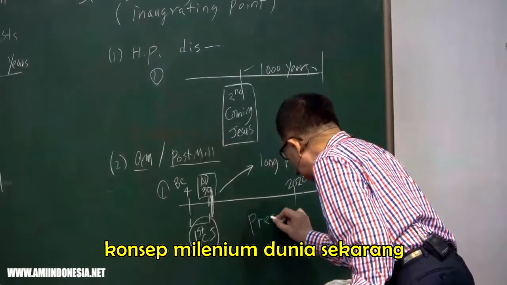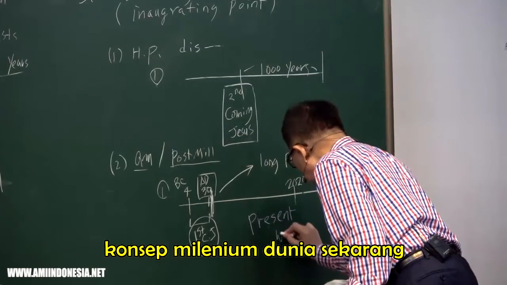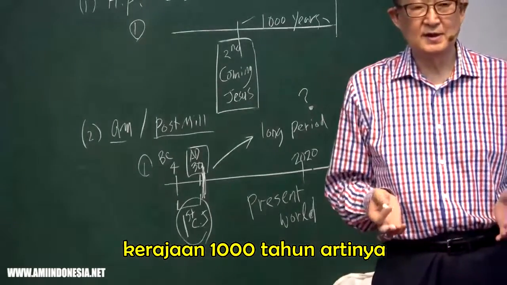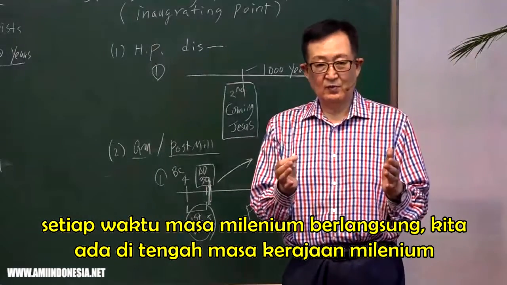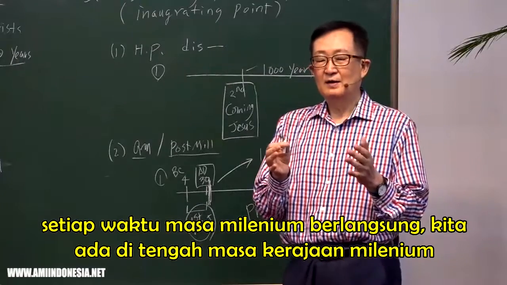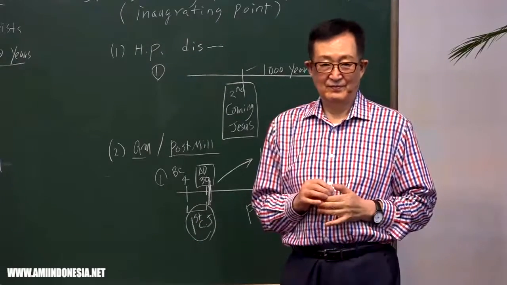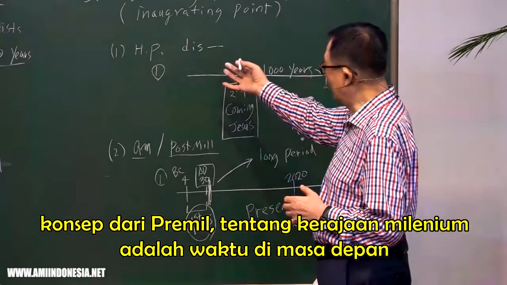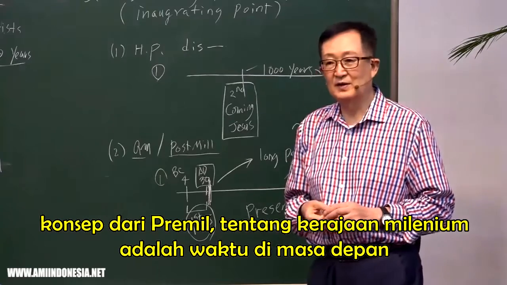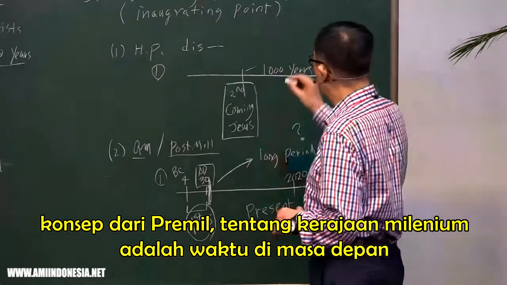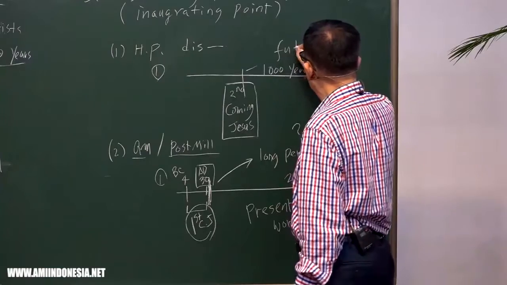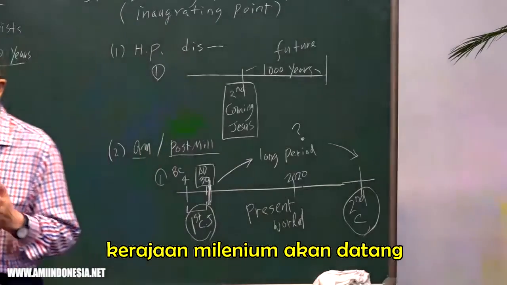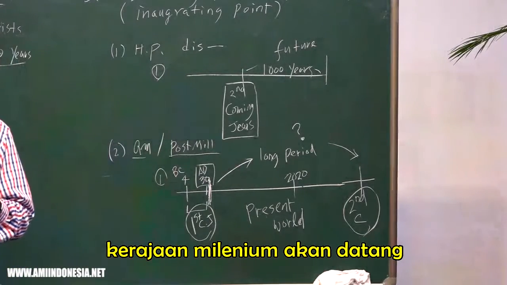The millennium kingdom means present tense all the time. We are in the midst of the millennium kingdom. Now, premillennial people's concept of the millennium kingdom is future tense. In the future, the millennium kingdom will come.